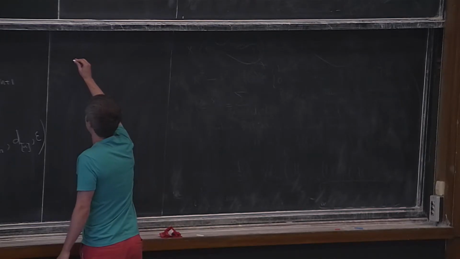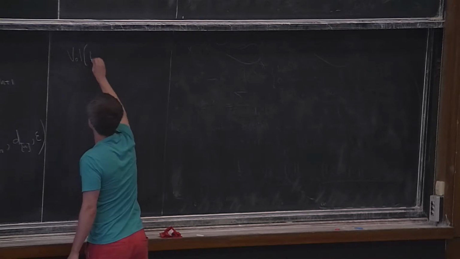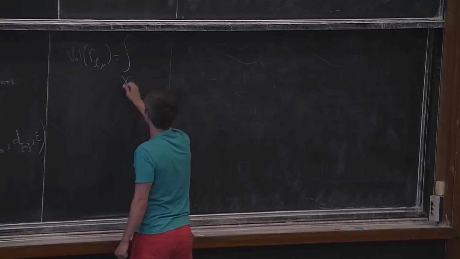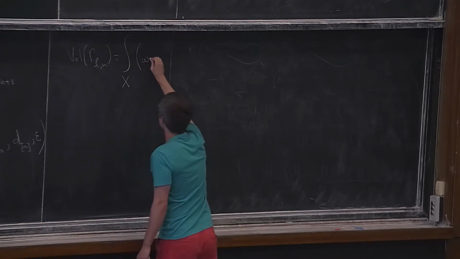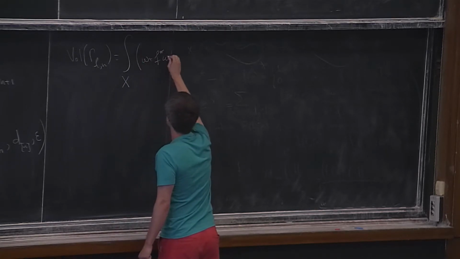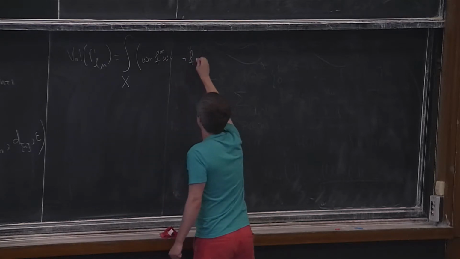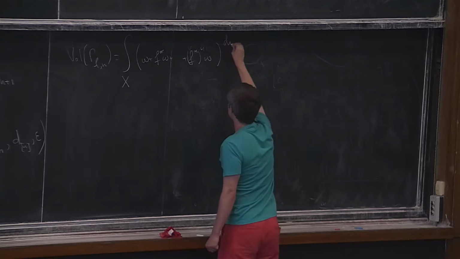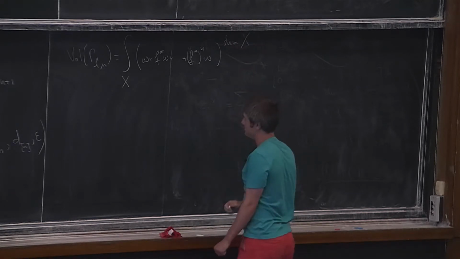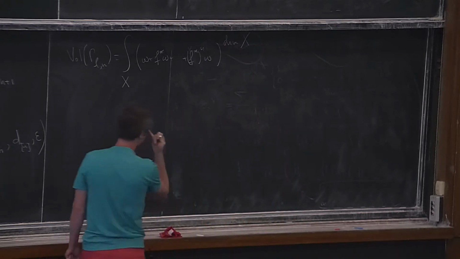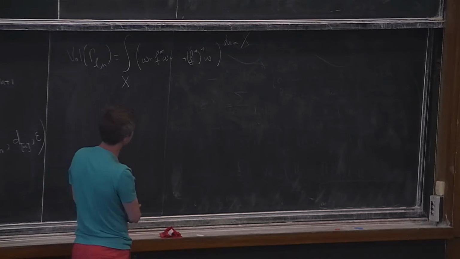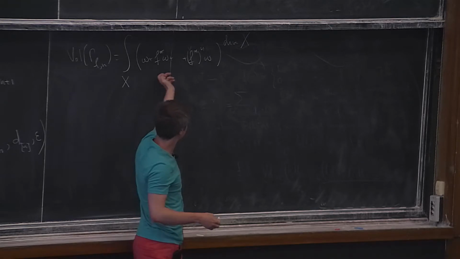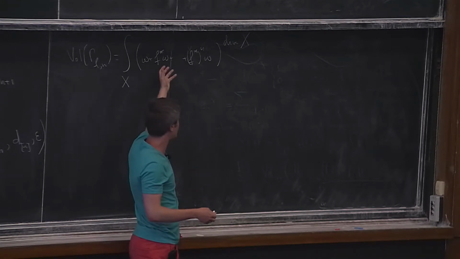The volume of this gamma of f^n is just the integral over X of omega plus f pullback of omega plus dot dot dot plus f^n pullback of omega, to the power the dimension of X. So this is the metric that we defined, and we have to integrate this volume form, but we can do all the computations in cohomology.